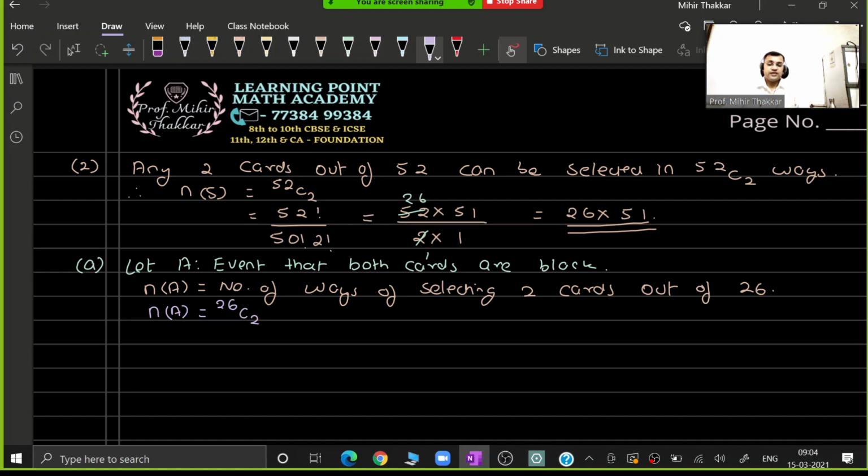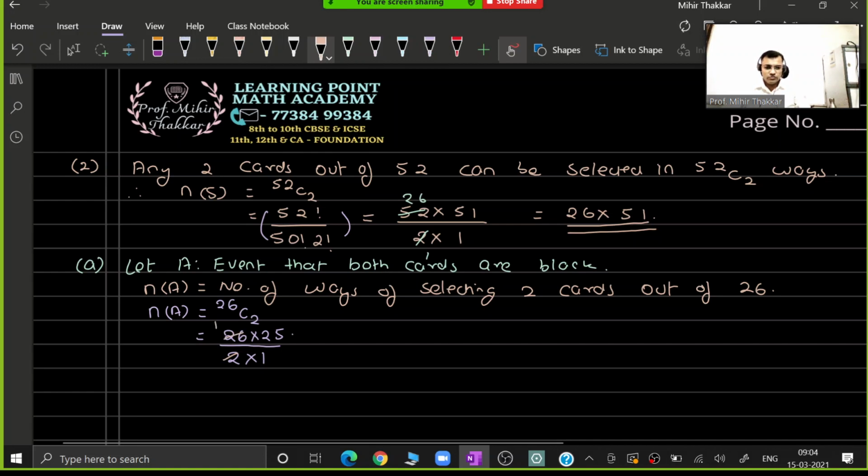So I can say that n of A is equal to 26C2. There's a shortcut to solve this. We don't need to apply this formula each and every time. I can directly say over here the denominator 2 into 1 and the numerator 26 multiplied by 25. So I can do this cancellation over here.